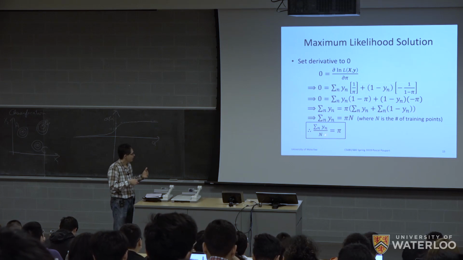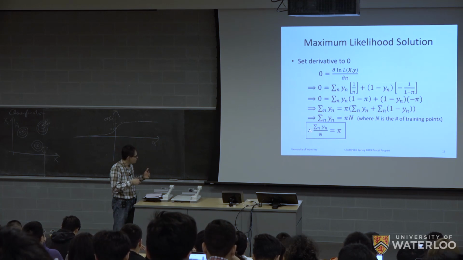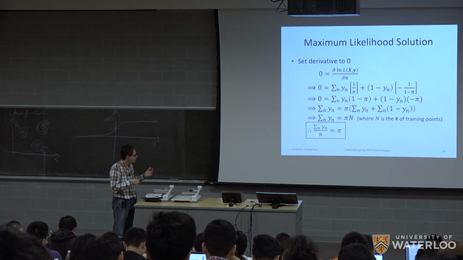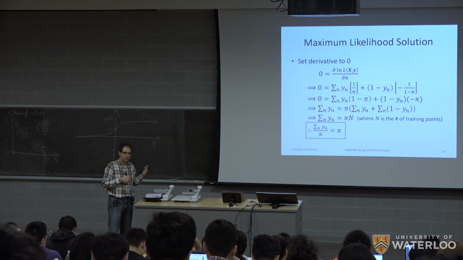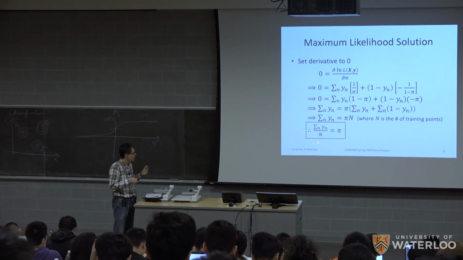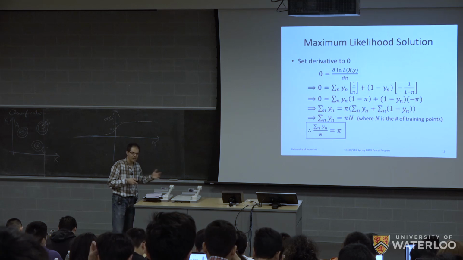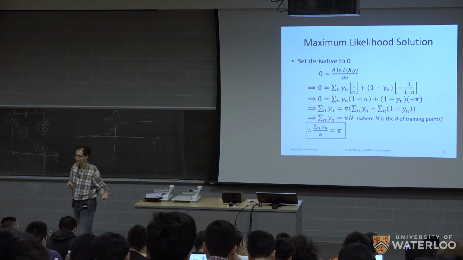And this is essentially taking the sum of all the data points, so counting how many data points are of class 1, divided by n, where n is the total amount of training data. So this is essentially computing the fraction of the data that belongs to class 1, right?